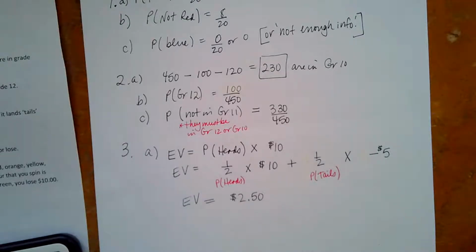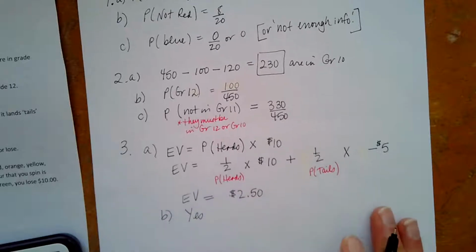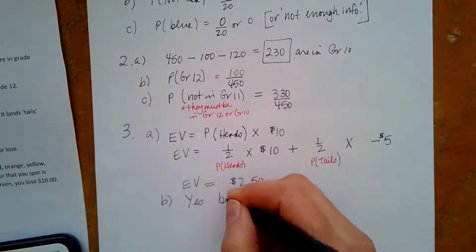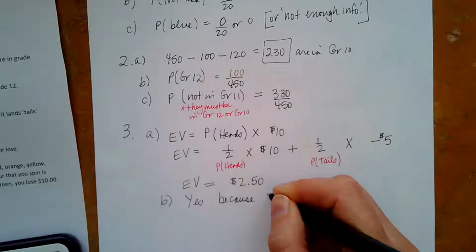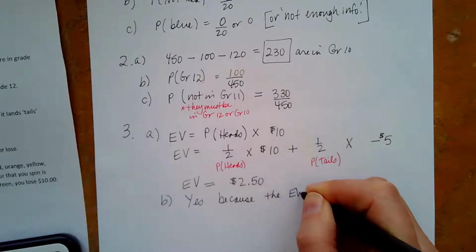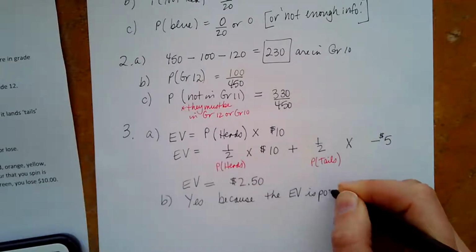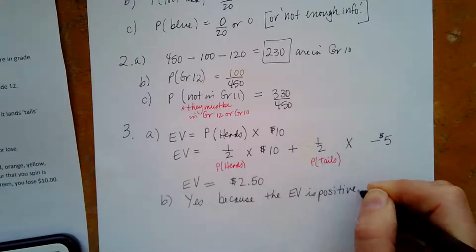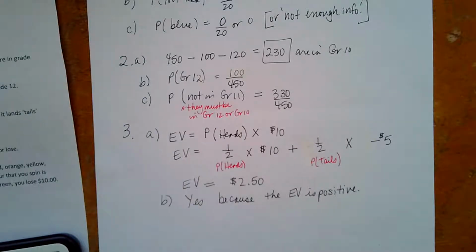Do you think this is a game you should continue to play? Yes, because the expected value is positive, right? So that means you're in a win situation. Or I would, right?